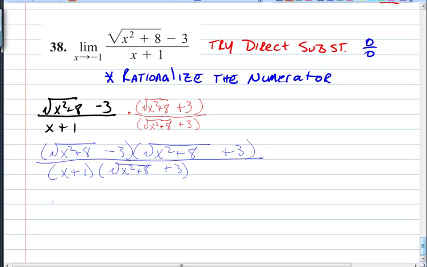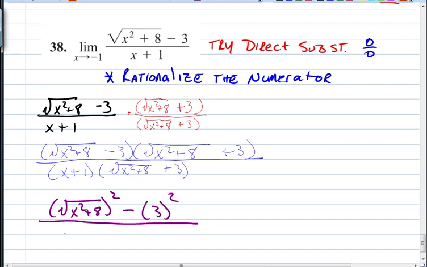It's the difference of two squares, right? So I'm going to have the square root of x squared plus 8 squared minus 3 squared, all over x plus 1 times, I'm not FOILing out this denominator, I'm just going to leave it alone. Are y'all okay with that?